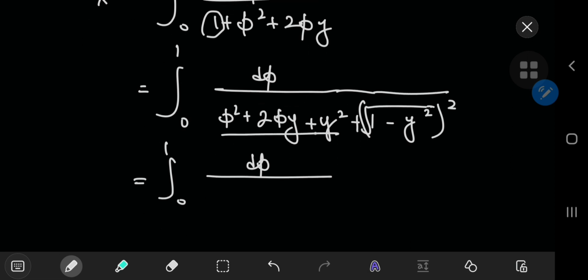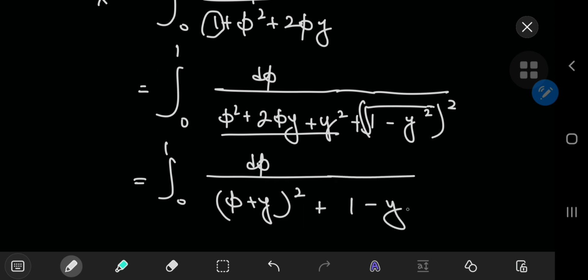So all of this is now phi plus y, squared, plus some constant, the square root of 1 minus y squared, squared. Now, before proceeding further, we should note the holiday miracle that I in fact remembered that I forgot this factor of 2 here.